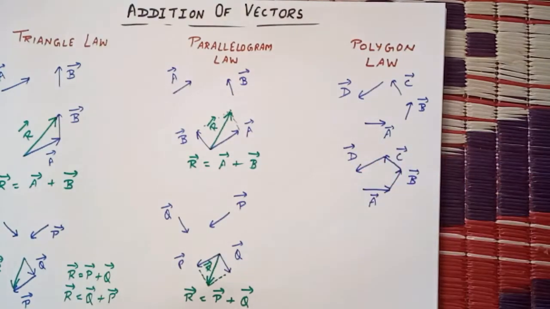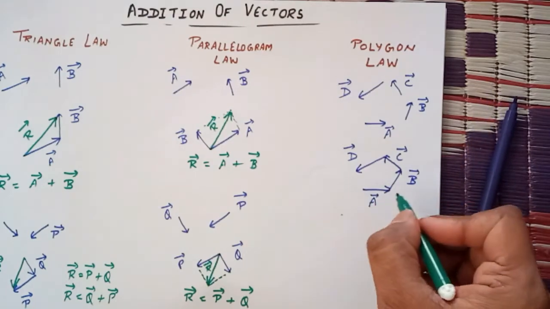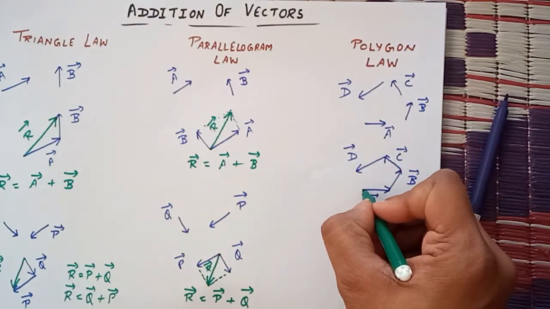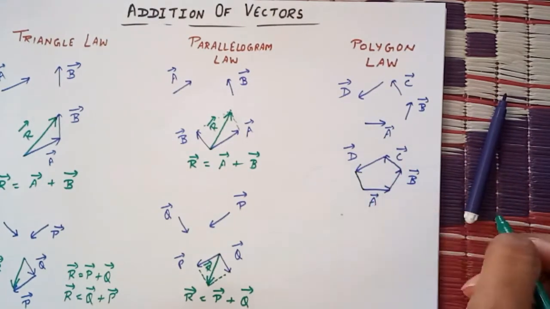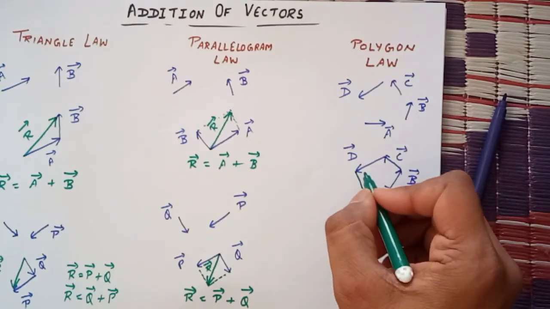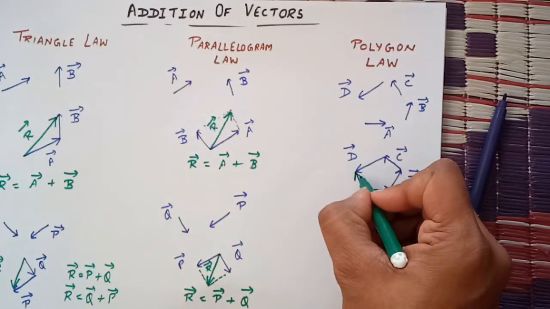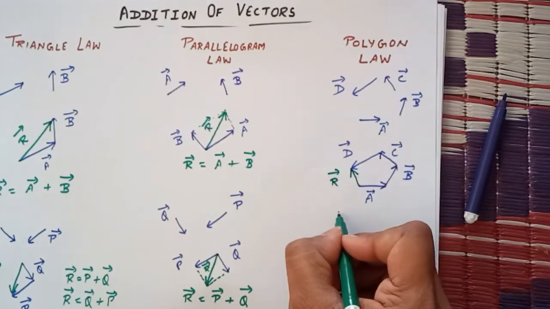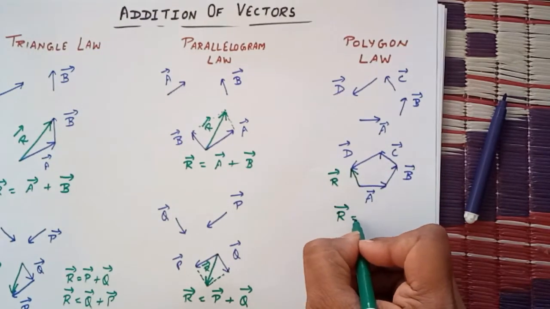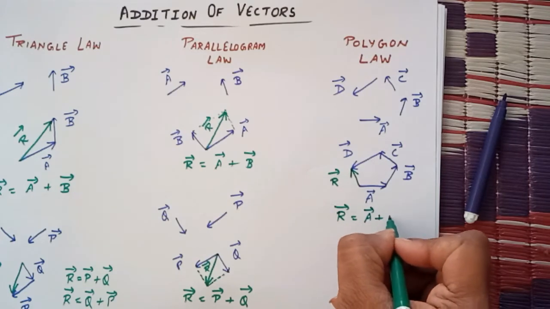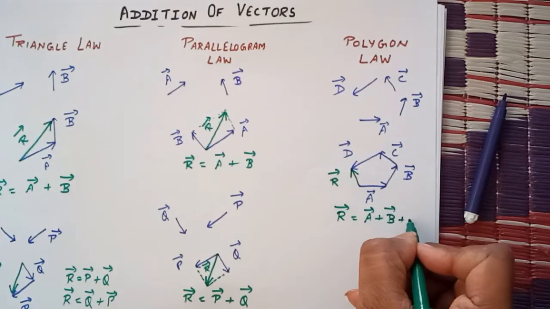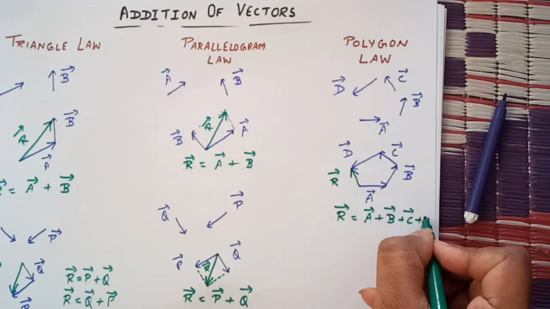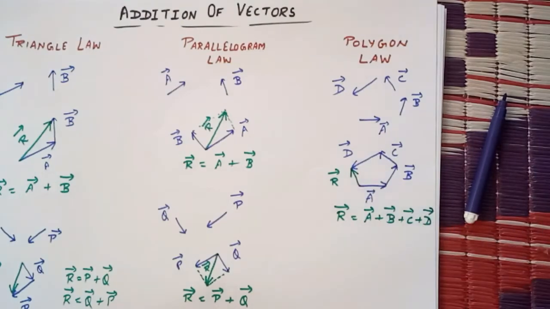Then these are the sides of a continuous polygon. This side will be the resultant, and it should be in opposite order. So r vector is this. Hence I can say that r vector is equal to a vector plus b vector plus c vector plus d vector. So this is the polygon law.